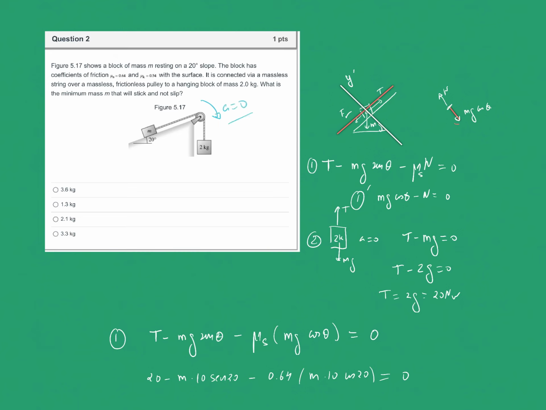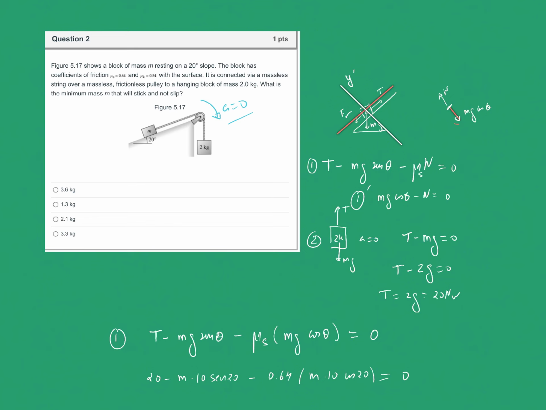There is no change in velocity. The static friction force going downwards, plus the component of the weight, mg sine of theta, is holding the tension.